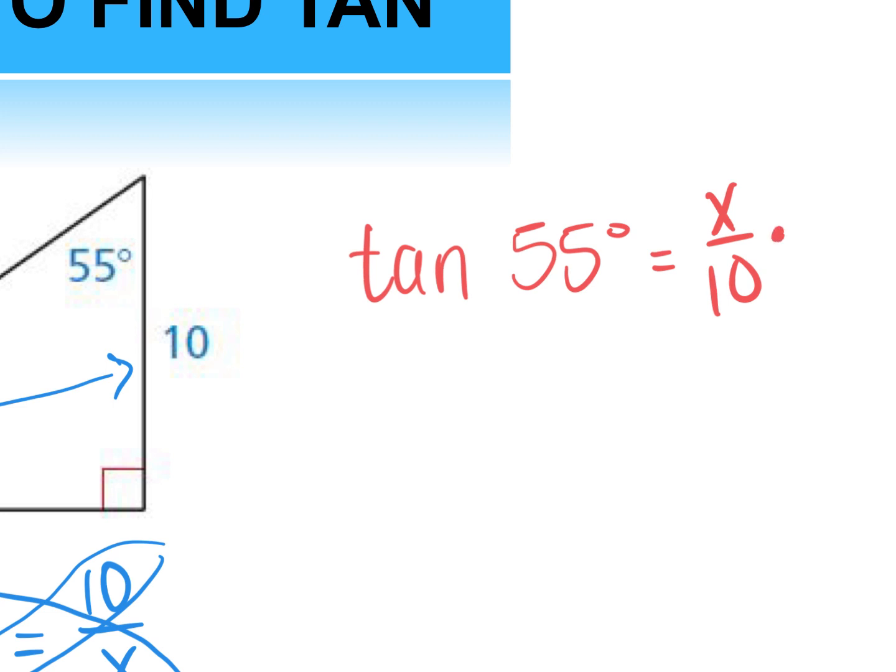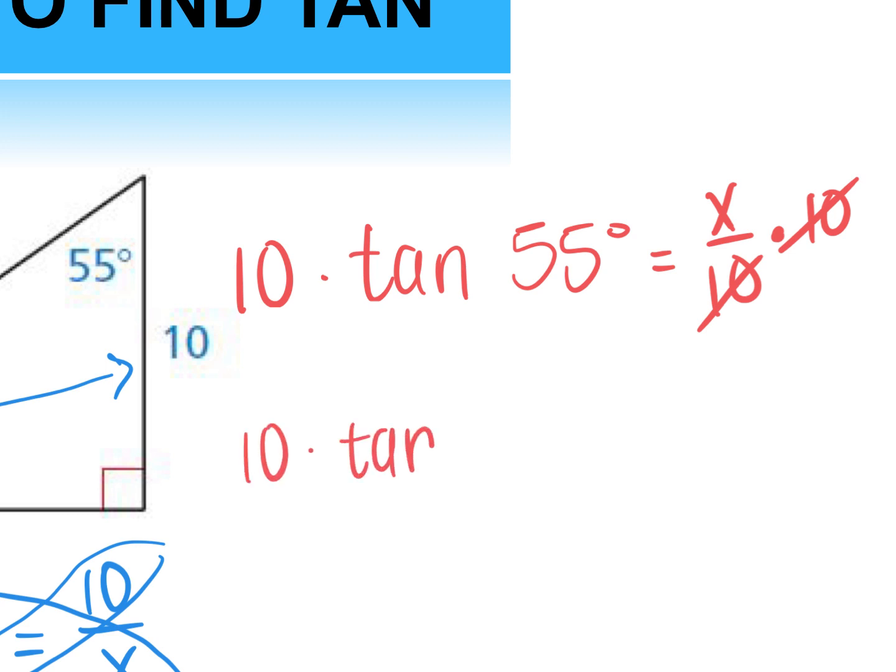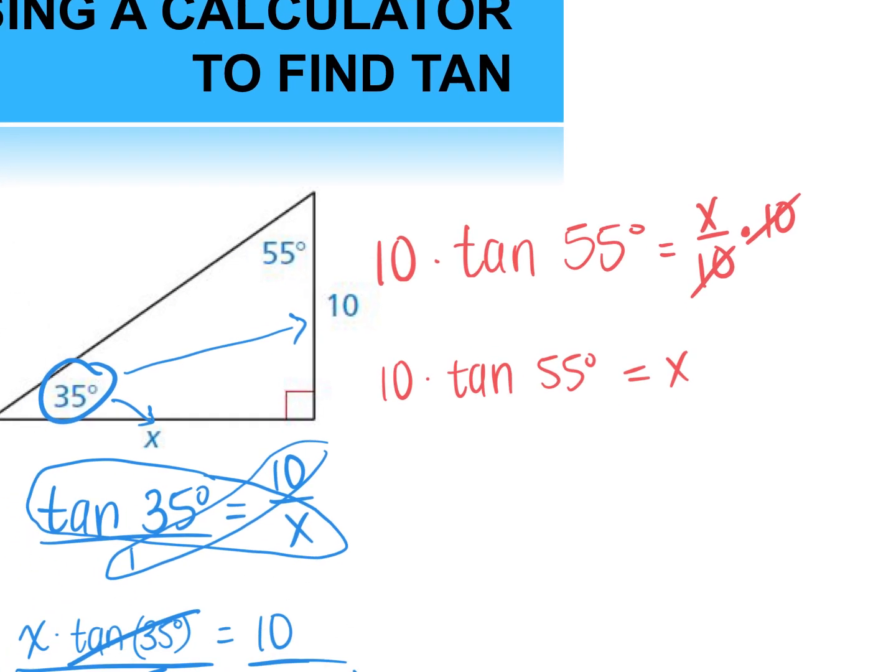So what could we multiply by to isolate x? Just multiply by 10 to both sides. What happens when you multiply by 10 to both sides? The tans are going to cancel out, right? So now you just have to plug into your calculator 10 times the tangent of 55 degrees, and let me know what you get. 14. You don't say.